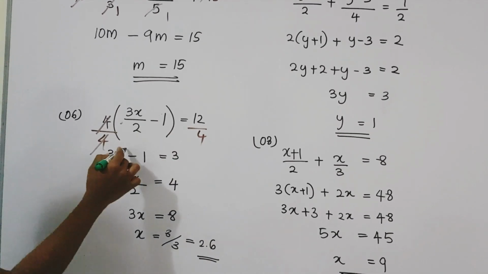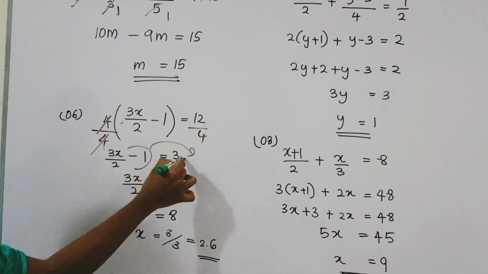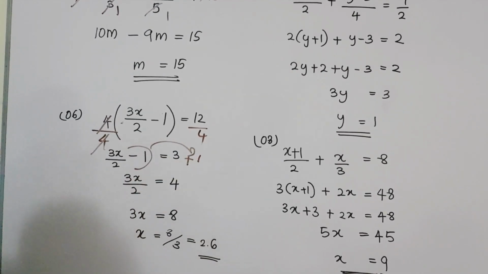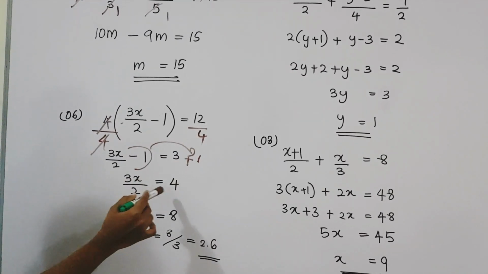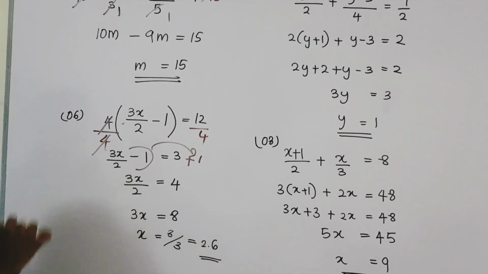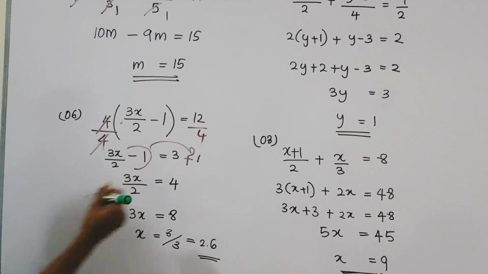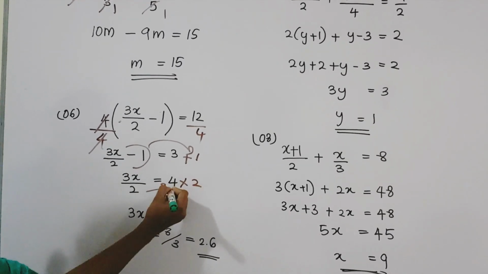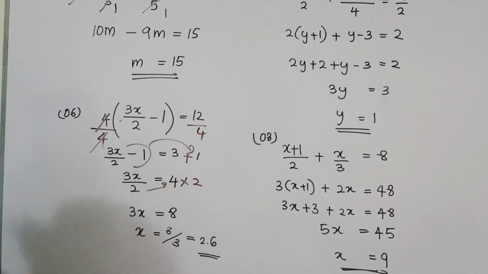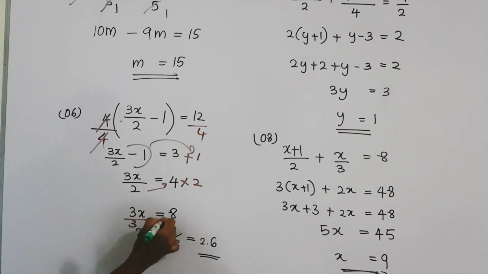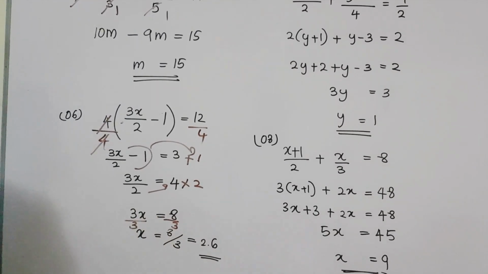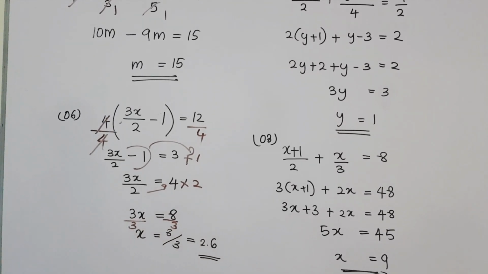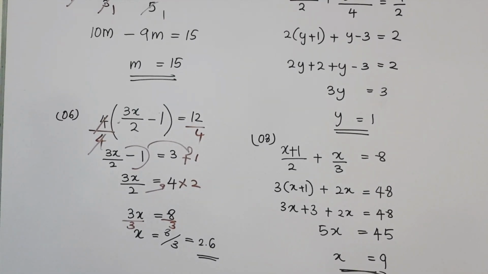Now this minus 1, you bring it to the other side, it becomes plus 1. 3 plus 1 is 4. So 3x over 2 is equal to 4. Now remove the 2, you bring it to the other side and multiply. 2 into 4 will give us 8. Now both sides you divide by 3, which gives us x is equal to 8 over 3, which is 2.6.